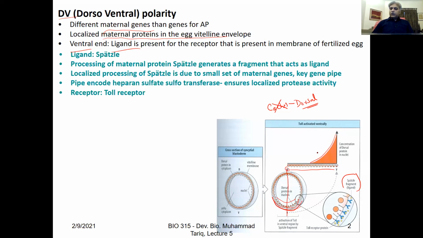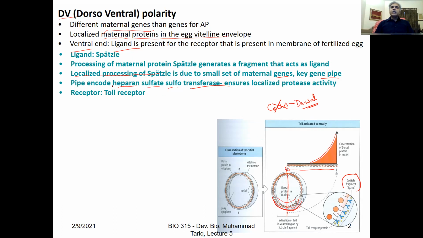As I told you already, the cleavage of Spätzle is very localized, and it's due to another small set of maternal genes, and one of the key genes is called PIPE, which is a protease, a heparan sulfate sulfotransferase. And this protease activity results in a very localized cleavage of Spätzle.